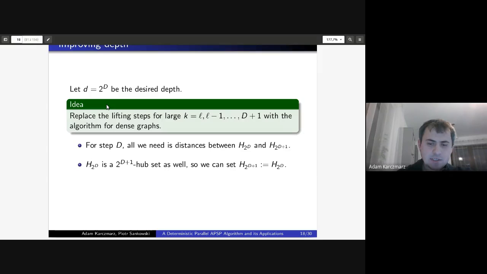Moreover, since a 2 to the D subset is a 2 to the D plus 1 subset as well, but possibly larger, we can make these subsets equal. That being said, all we need to avoid performing the high depth steps is basically distances between the D hubs in G.